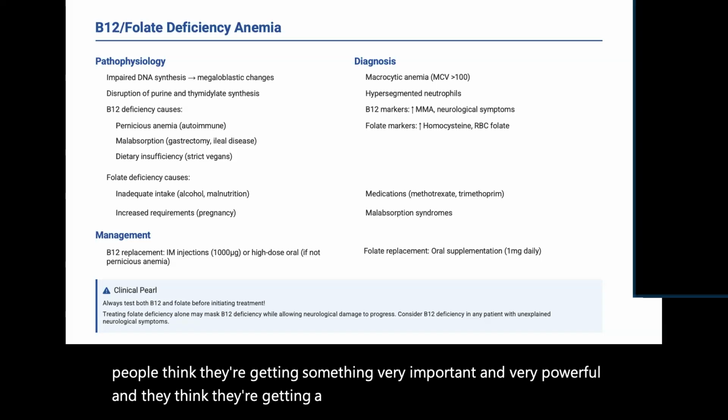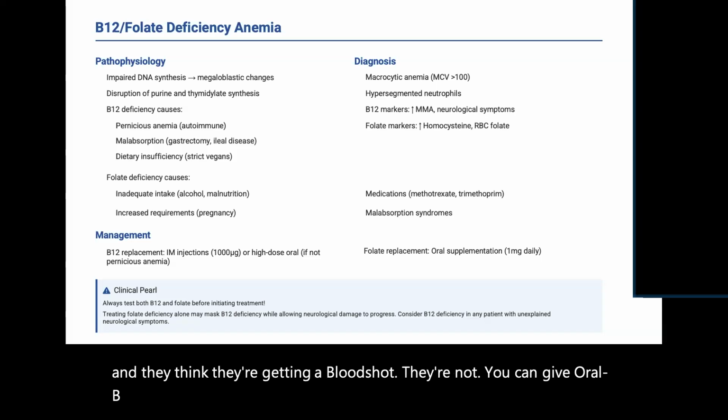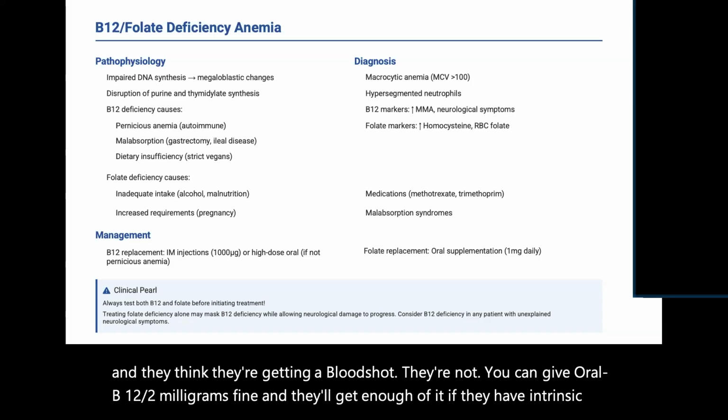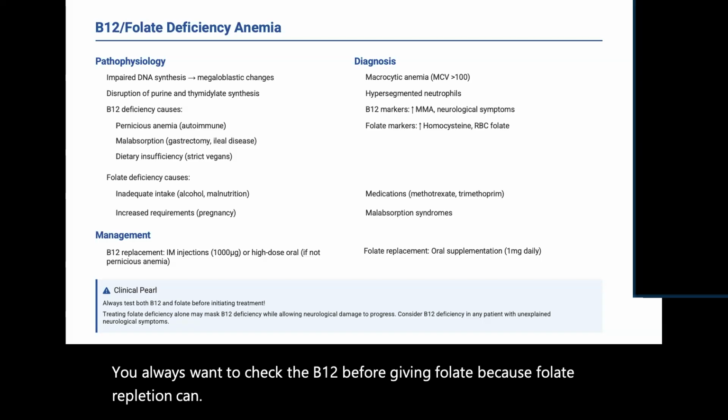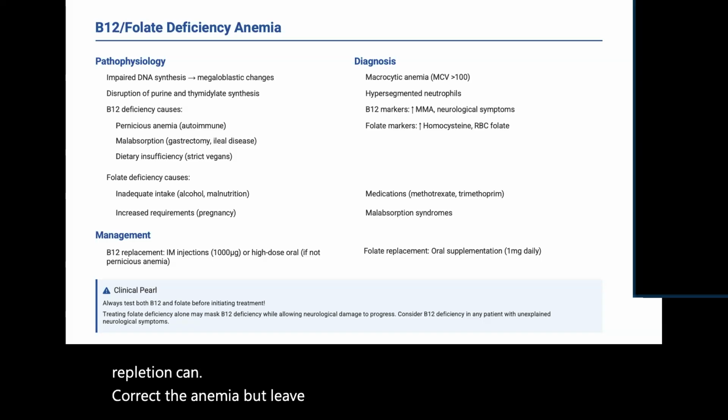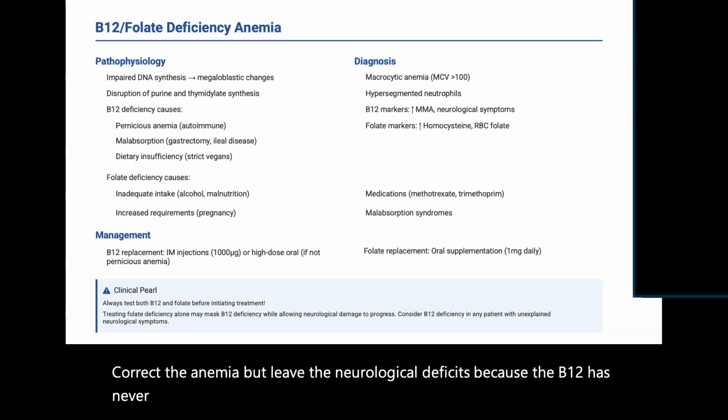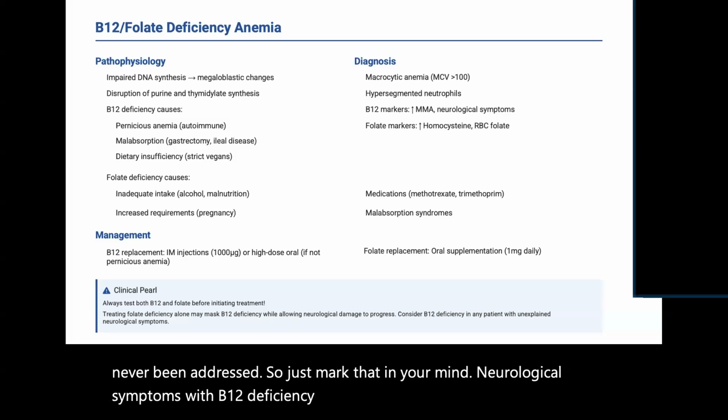They're not. You can give oral B12, 2 milligrams, fine, and they'll get enough of it even if they have intrinsic factor deficiency. You always want to check the B12 before giving folate, because folate repletion can correct the anemia but leave the neurological deficits because the B12 has never been addressed. So just mark that in your mind: neurological symptoms with B12 deficiency, not folate.